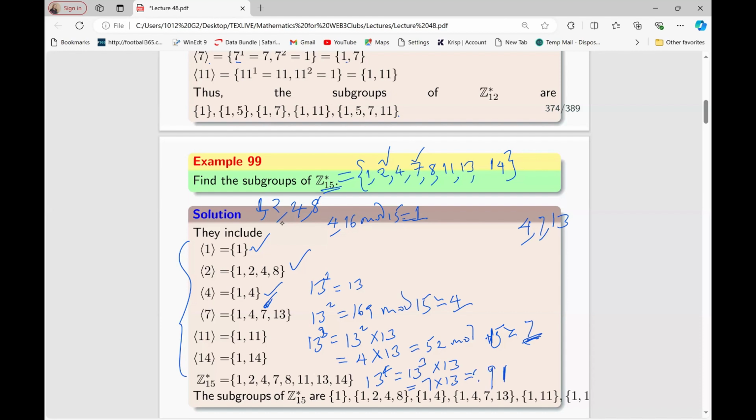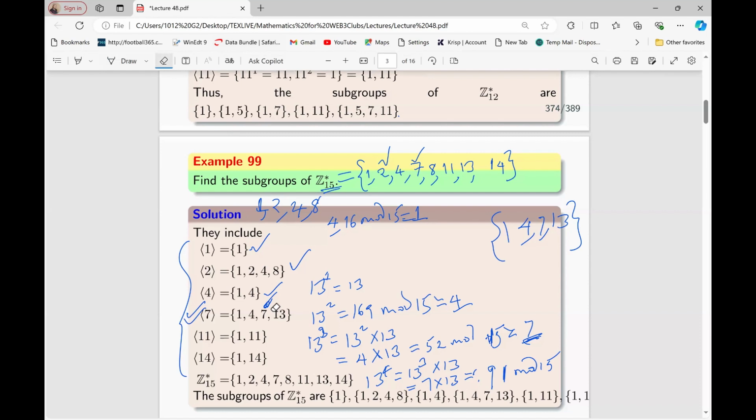Mod 15, that gives you a remainder of what? 1. So that is why I did not include 13, because it was giving the same subgroup as the one generated by 7. So there was no need of having the same subgroup appearing twice.